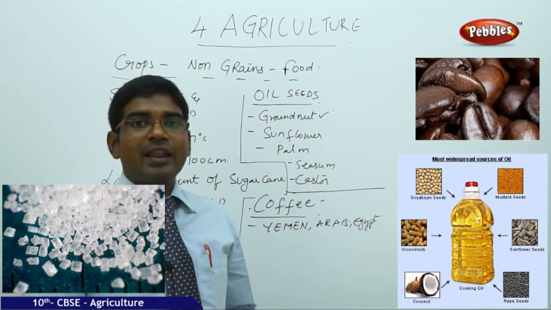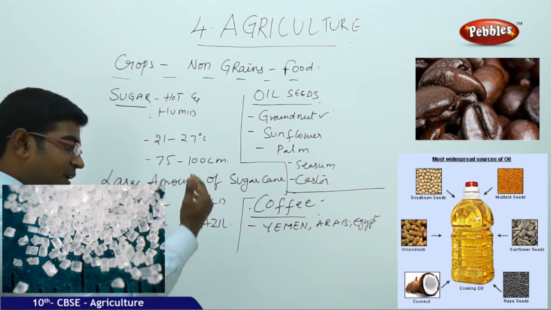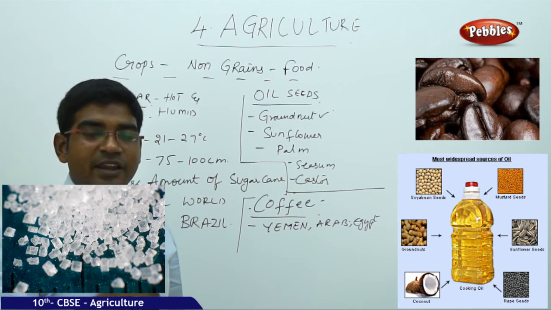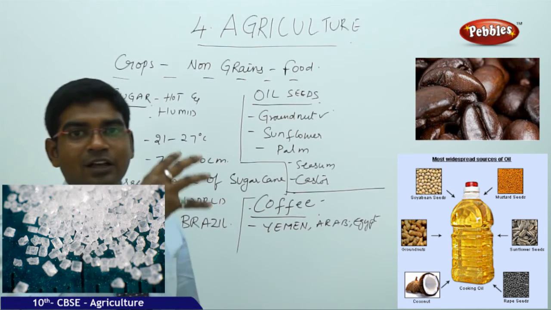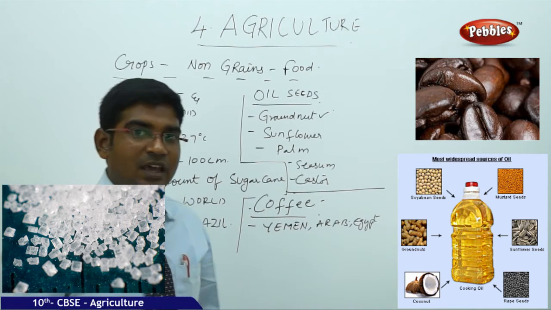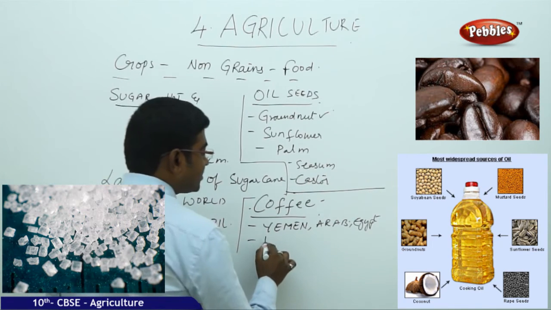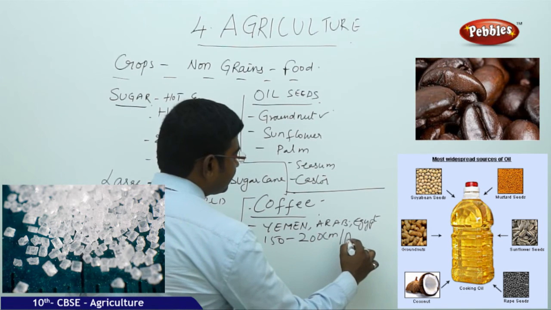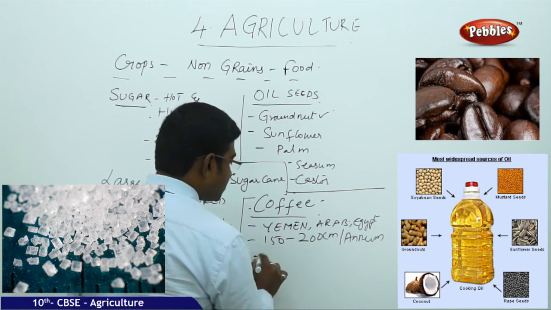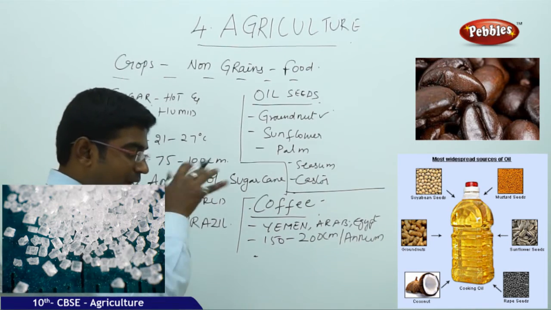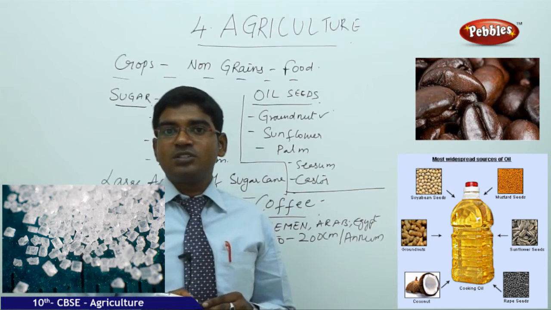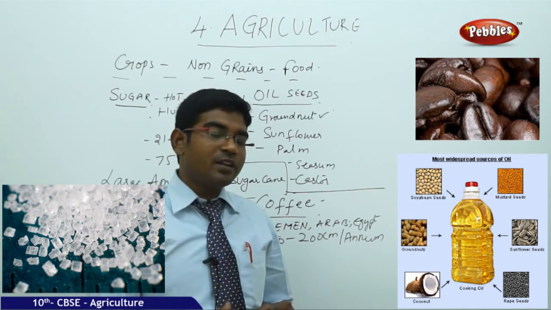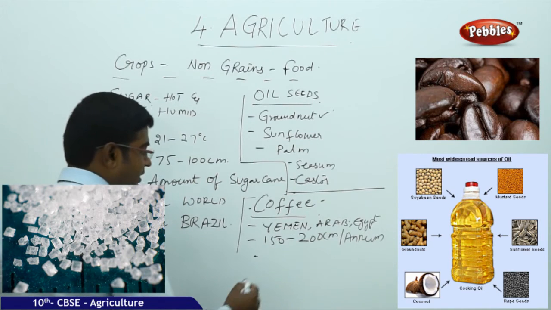But recently they were brought into India for coffee production, in states like Karnataka and Assam, where special climatic conditions exist, with average rainfall of 150 to 200 centimeters per annum. That is the most required condition, and they should have a moderate temperature giving moisture so that the coffee seeds will flourish.